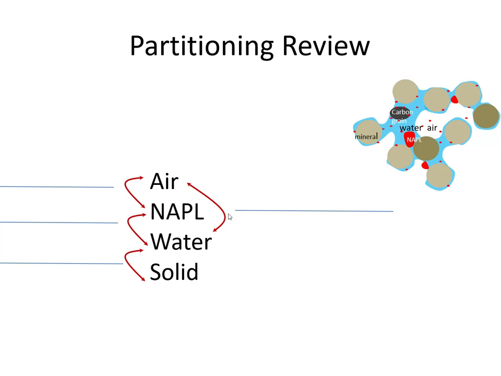Okay, so we've seen here partitioning between these 4 different phases, and they're governed by different concepts and different terminology. The partitioning between NAPL and air, we saw that as the vapor pressure. Between water and air, so between water here and the air phase, that was Henry's law.